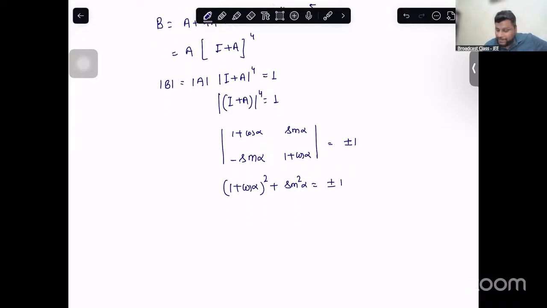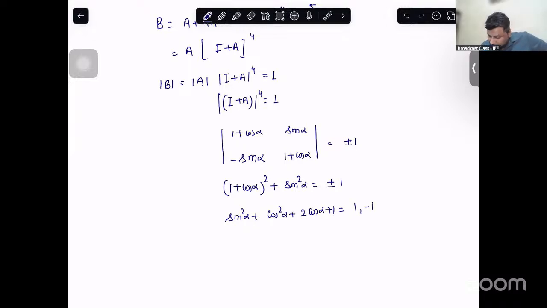So if you expand this, what do you get? Sin square alpha plus cos square alpha plus 2 sin alpha, 2 cos alpha plus 1. It is either 1 or it is minus 1.